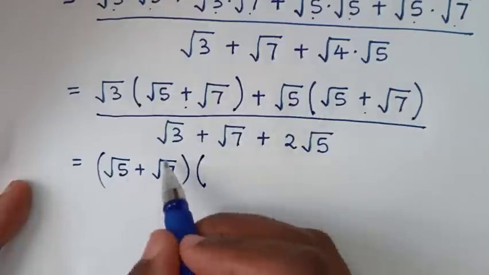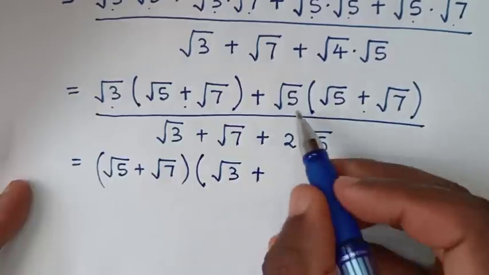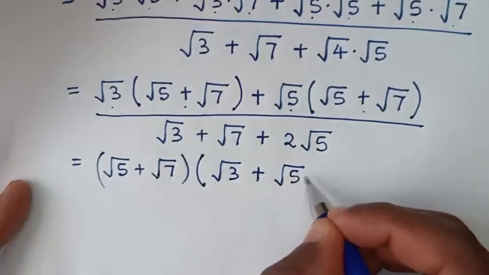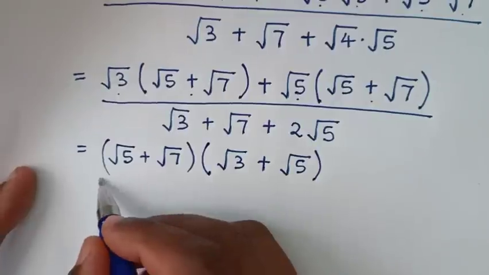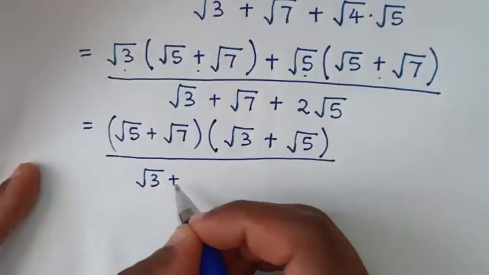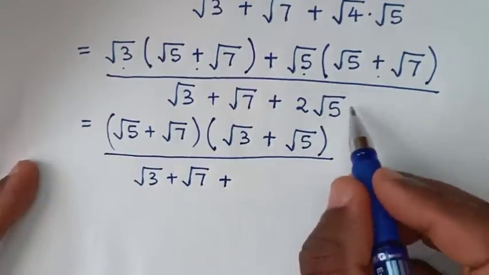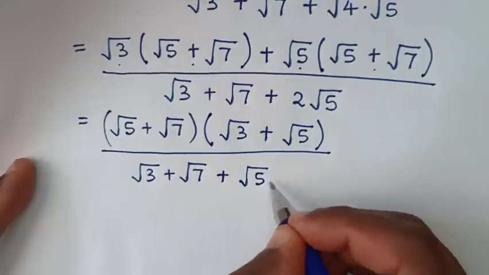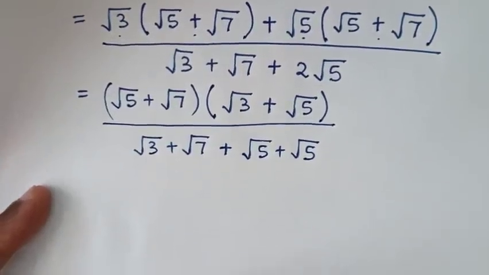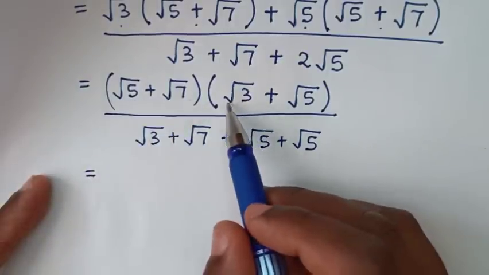Then this divided by this is square root of 3, then plus this divided by this is square root of 5, bracket, then over, here it will be square root of 3 plus square root of 7, then plus 2 square root of 5, which is the same as square root of 5 plus square root of 5. Then in the next step, it will be equal to, here we have square root of 5 plus square root of 7, square root of 3 plus square root of 5.